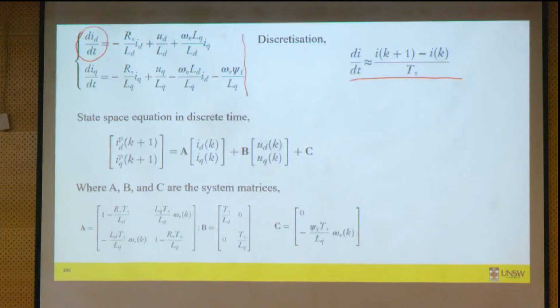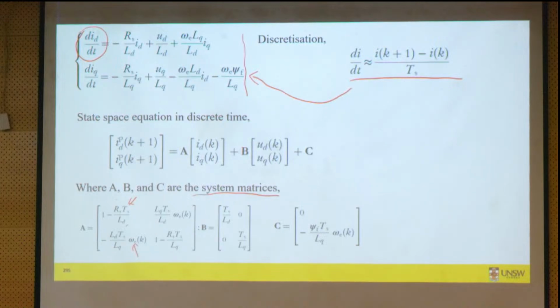Using that, you rewrite this state space equation in terms of some system matrix. As you can see, the system matrix is a function of your resistance, inductance, and sampling time, where Ts is your sampling time, and of course the electrical speed at that instant.